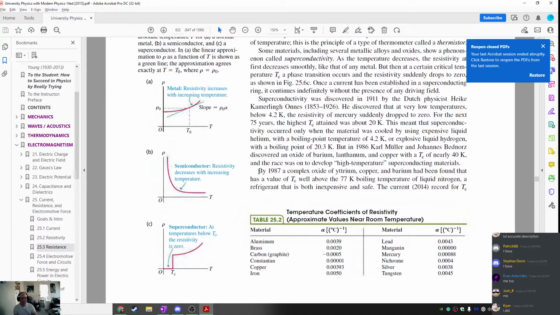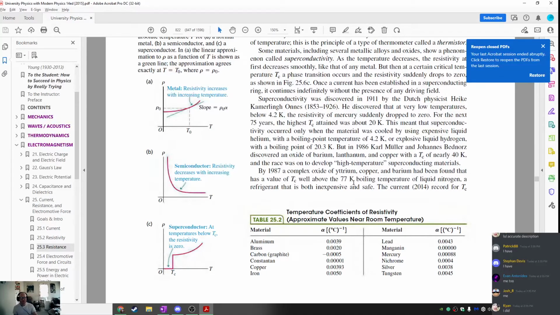Here, they're talking about how by 1987, an oxide of yttrium, copper, and barium was found that had a critical temperature of about 77 Kelvin. That's well above the 77 Kelvin boiling temperature of liquid hydrogen, which is a refrigerant that's both inexpensive and safe. The point is that at 77 Kelvin, you can easily show in a lab that it's a superconductor without having a really powerful refrigerating system.